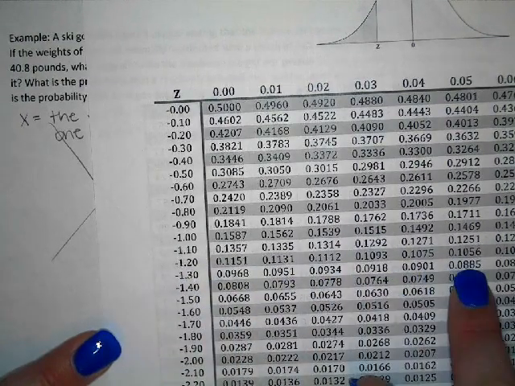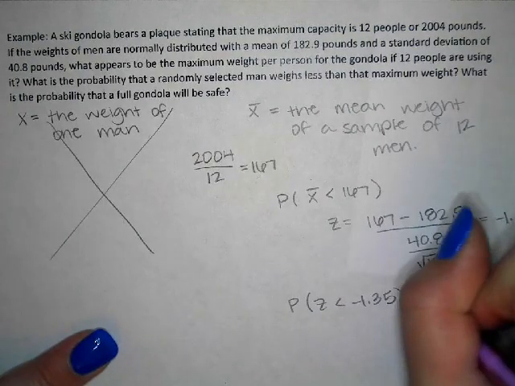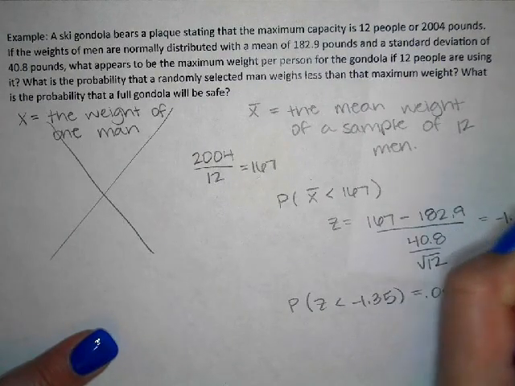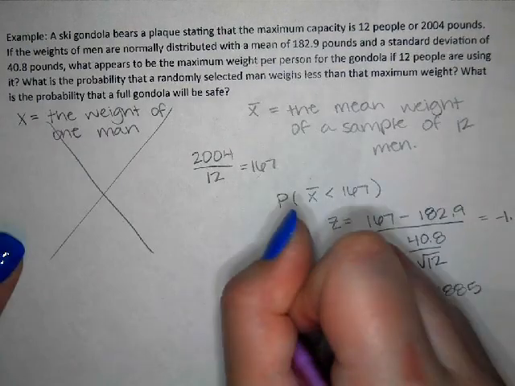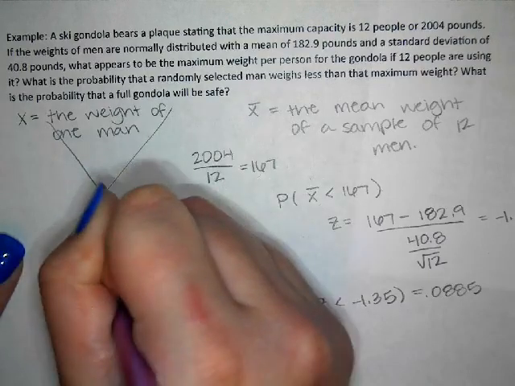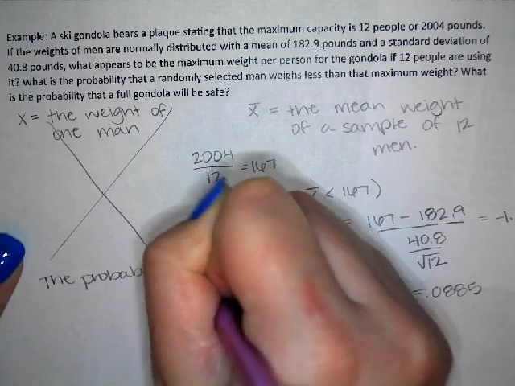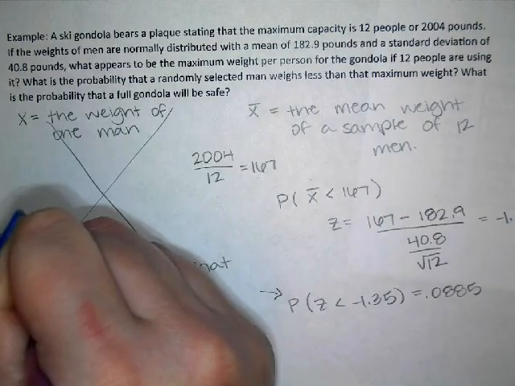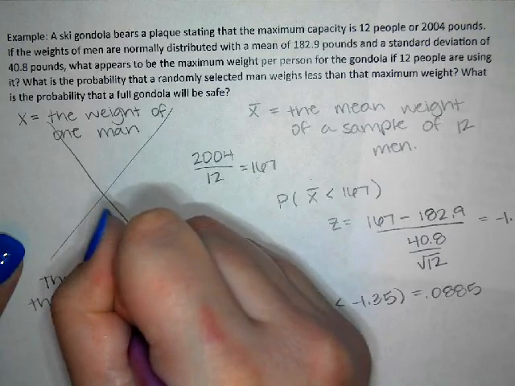Okay, so this is the probability that the ski gondola is under the max capacity.